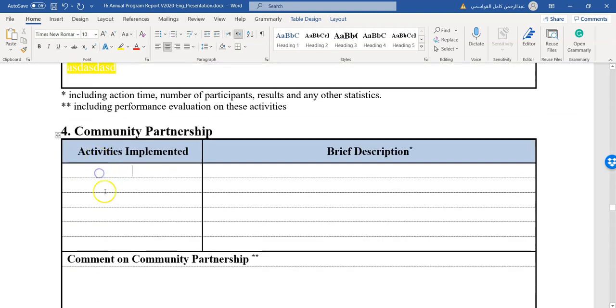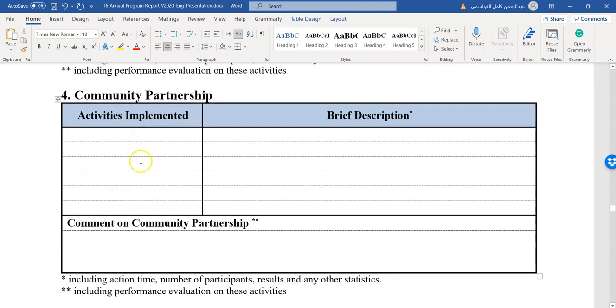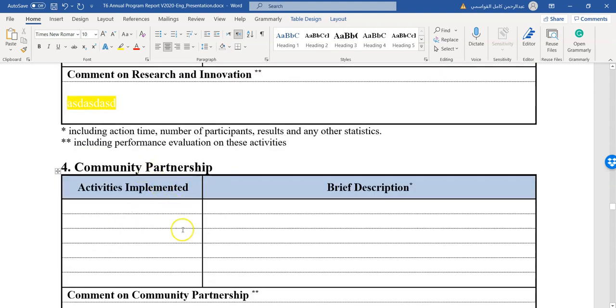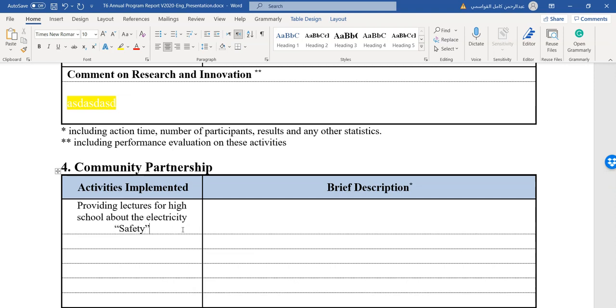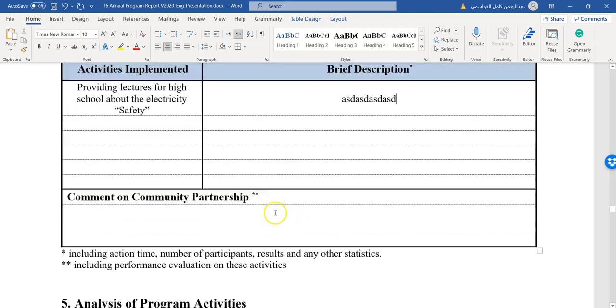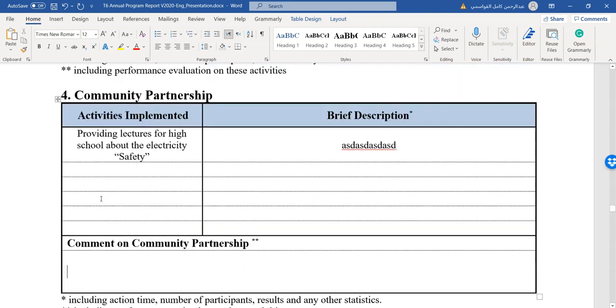Also community partnership, if you have any community partnership or community service, for example, providing lectures for high school about electricity, about safety, for example. So you write description here and write your comments on community partnership.